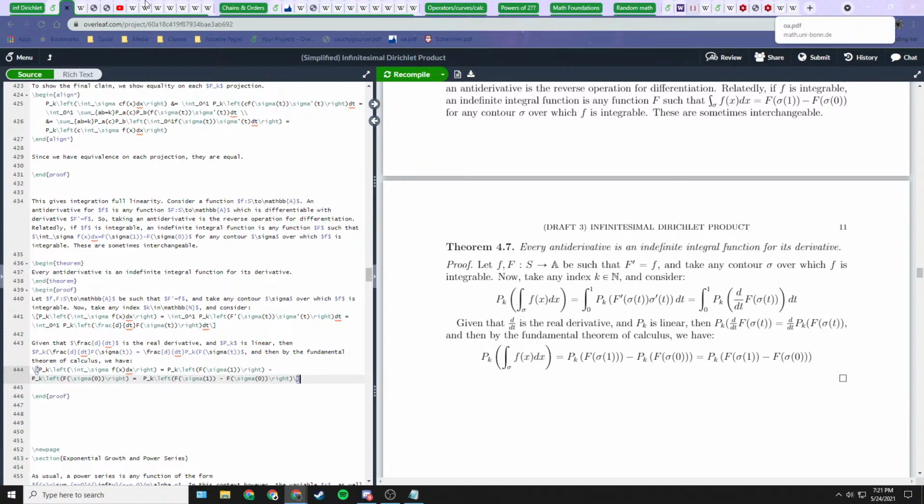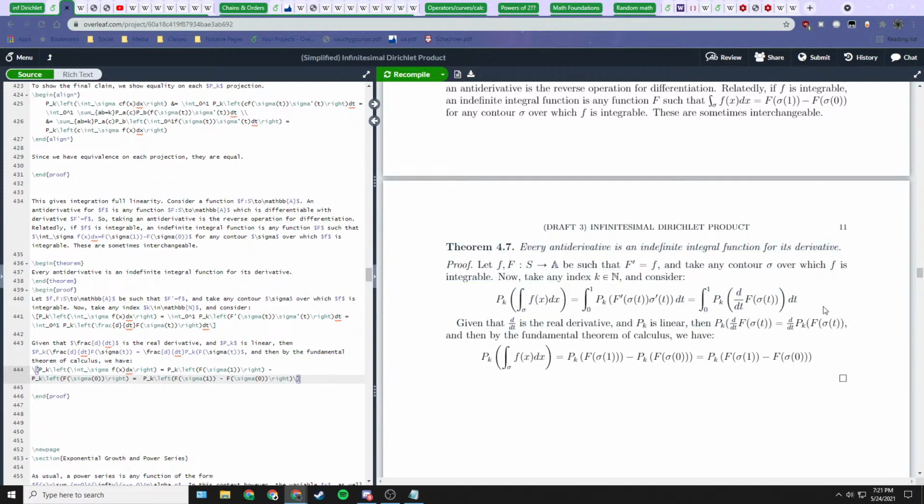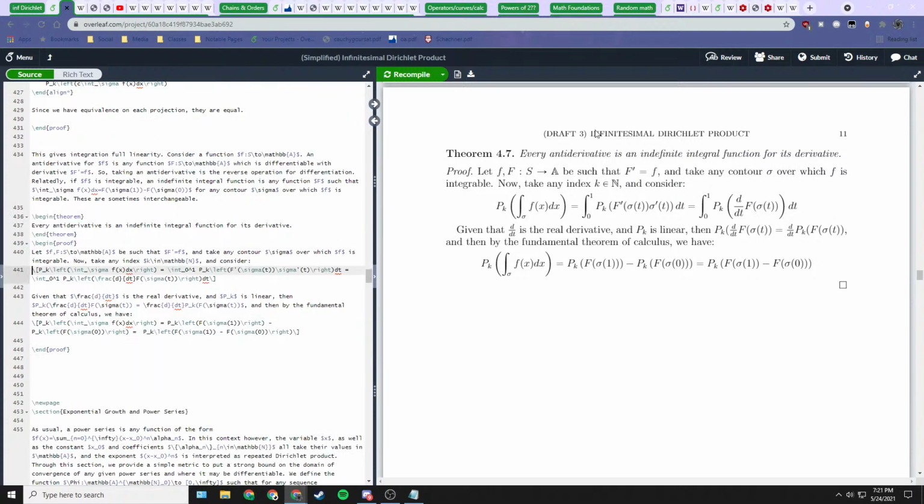Right, okay, so given that this d/dt is the real derivative, so it's just a limit of real fractions, and p sub k is real linear, p sub k of this derivative is just the derivative of p sub k. By the fundamental theorem of calculus, this original term is equal to this whole integral, but we pull in, let me be more explicit about this.